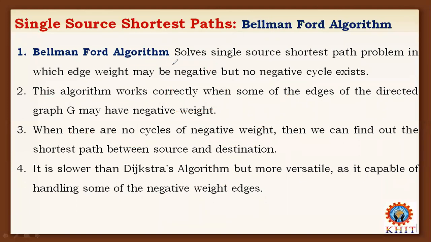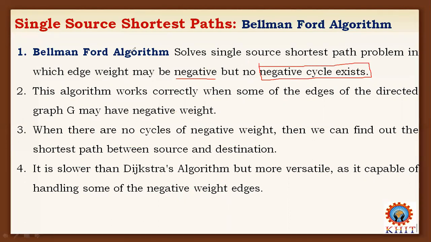Bellman-Ford algorithm is used to solve the single source shortest path problem in a given graph whose edge weights may be negative, but no negative cycle exists. Very, very important term.